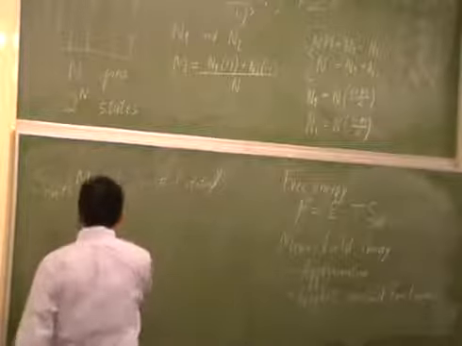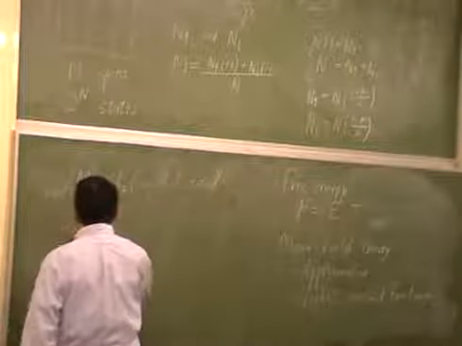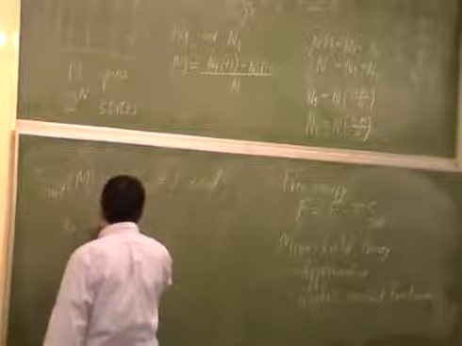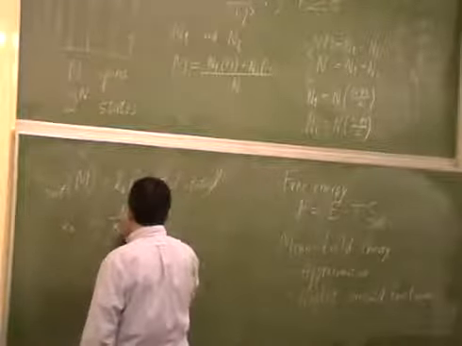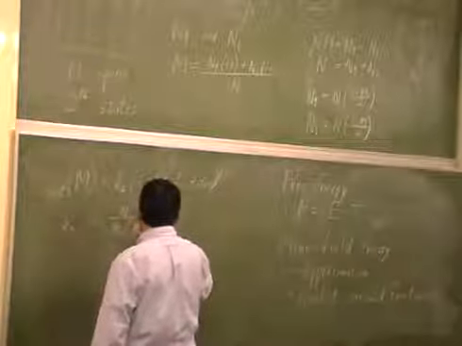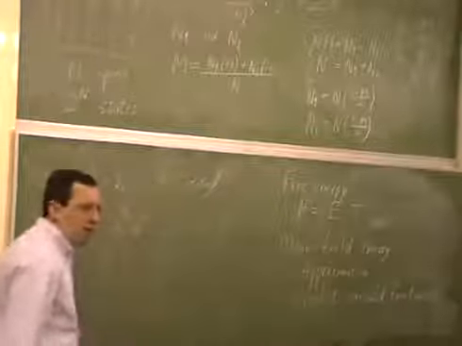Okay, so Boltzmann's constant times the log of n factorial over n up factorial n down factorial.